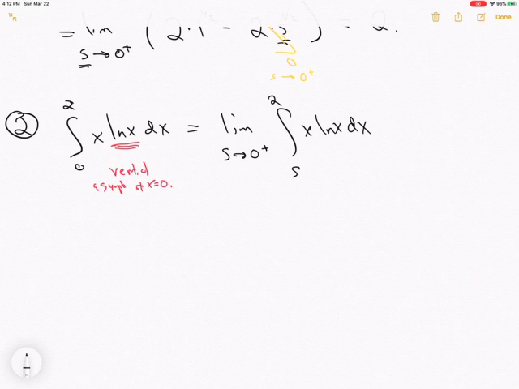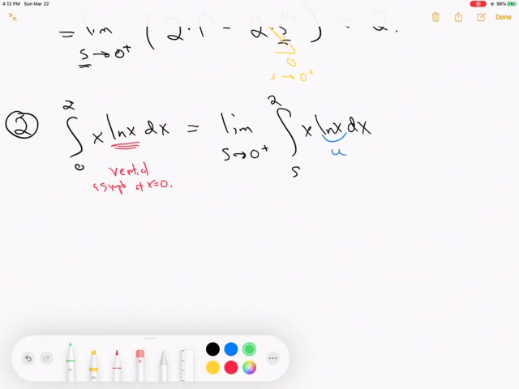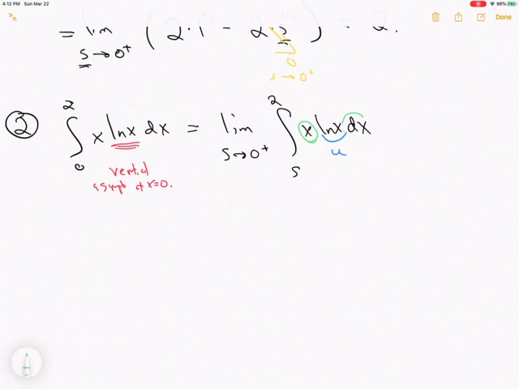I'm not going to do the full calculation, I'll just set it up for you, but it says that natural log of x should be u, and therefore everything else, x dx, should be dv.